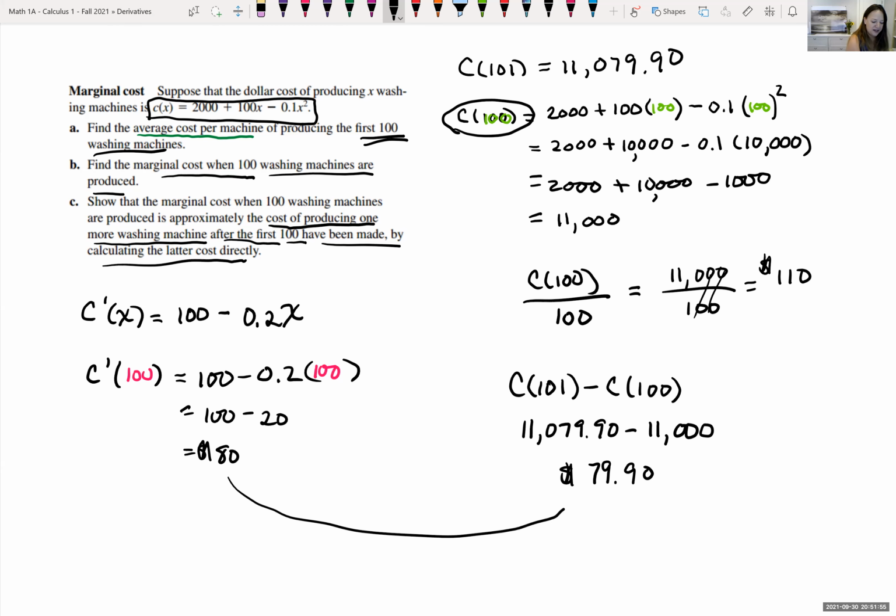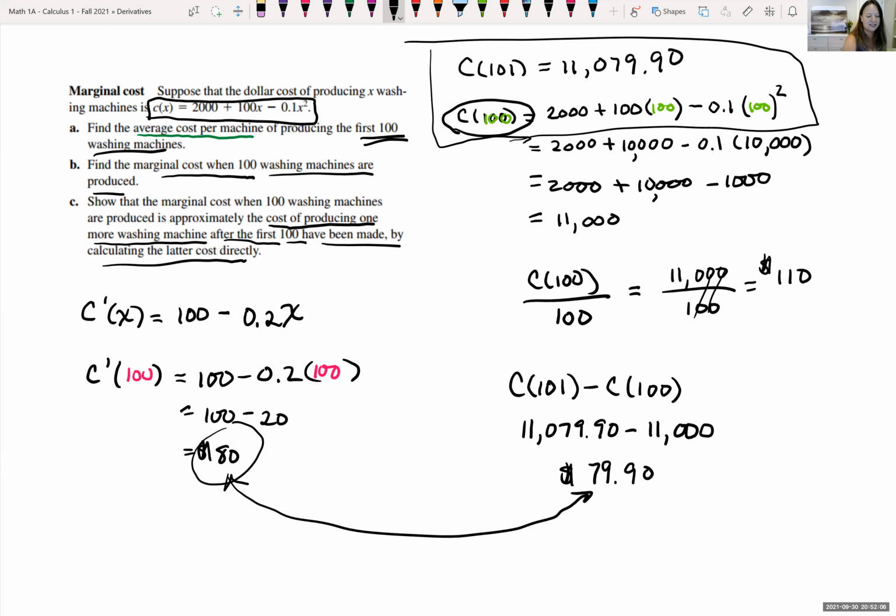We're only off by 10 cents here, and this was a lot faster than going back and plugging in wherever we see an x and then taking the difference. So this is all of section 3.4 in our textbook, the rate of change, looking at it as the derivative and looking at some applications.